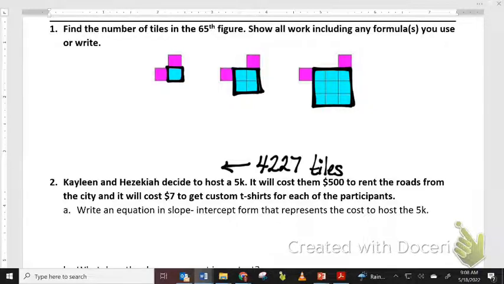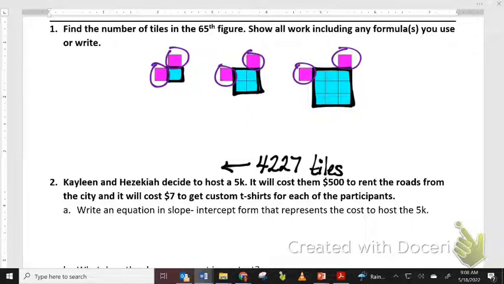I have these two little purple squares that have been tacked on. And on each of these, I have two little purple squares that have been tacked on.